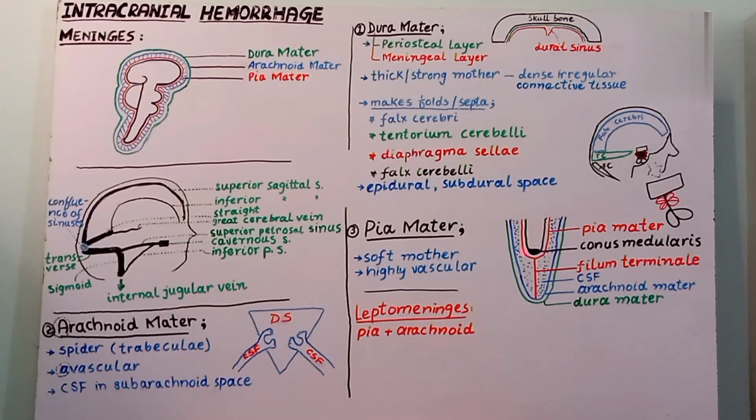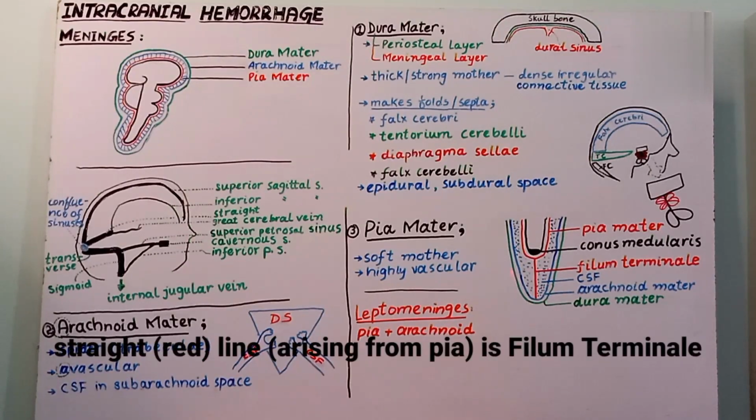The spinal cord in adults ends at the L2 level, and the pia also ends there, while the other two layers, the arachnoid and the dura matter, extend to the L4 and L5 levels. The pia matter gives rise to a string of pia, the red line, which we call the filum terminale.